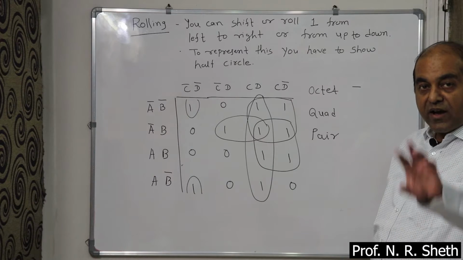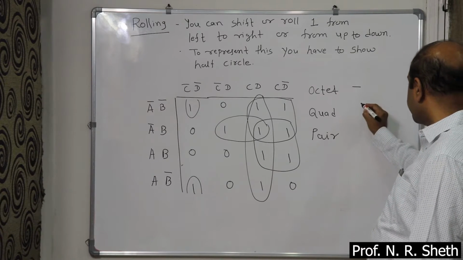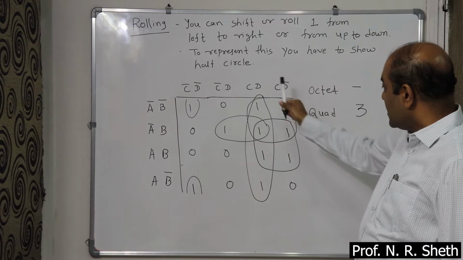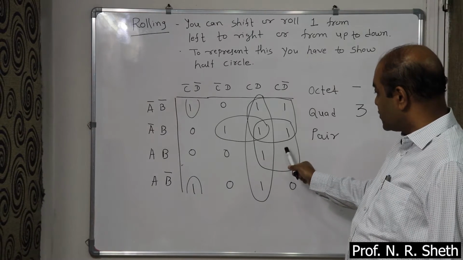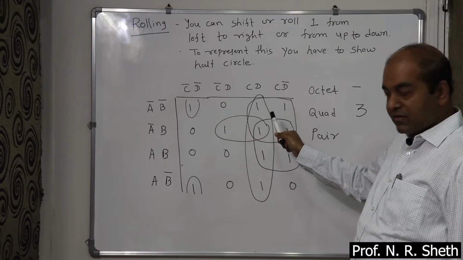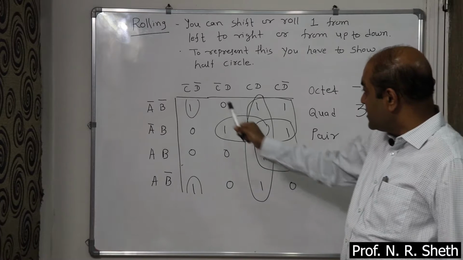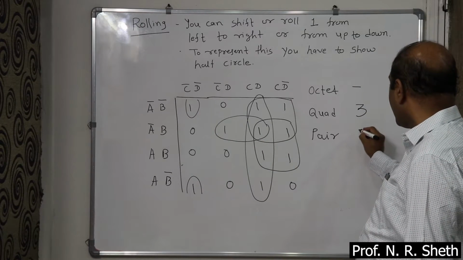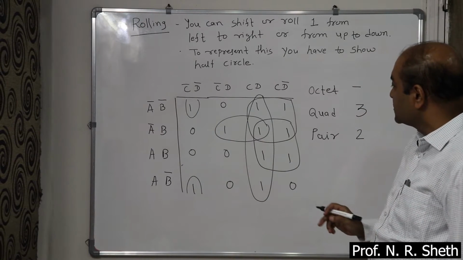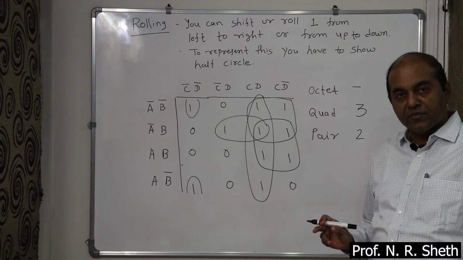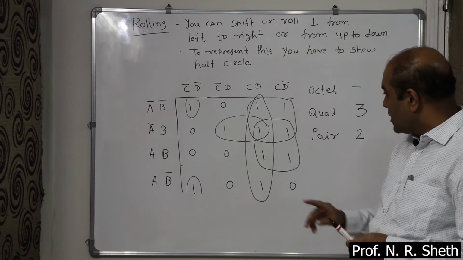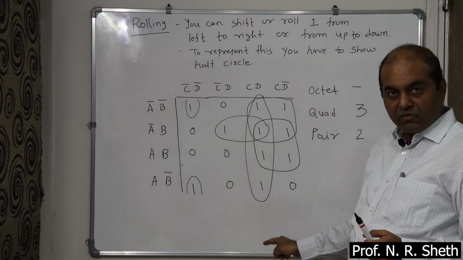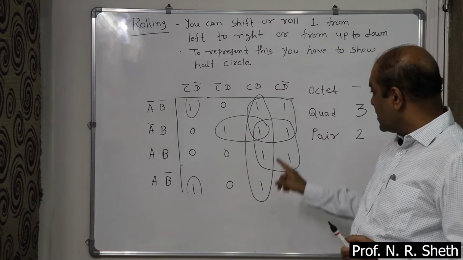So we have 3 quads, number 1, number 2 and number 3, and 2 pairs. 3 quads, 2 pairs. 1, 2, 3, 4, that is quad number 1.